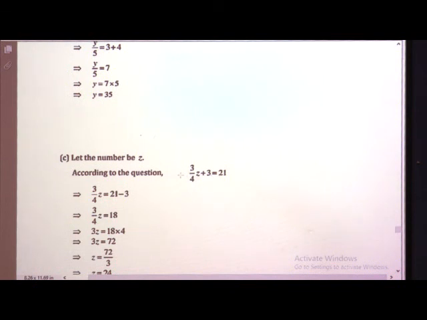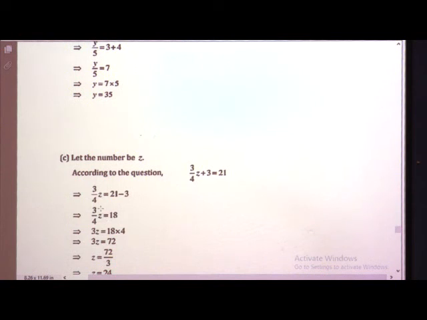Now, what do we have to do first? We have to separate the variable to the LHS, that is the left hand side. So 3 upon 4 z is equal to 21, this is plus 3, so it will be minus 3. So 3 upon 4 z is equal to 18, 21 minus 3 is 18. Here 3 upon 4 z means the 3 always belongs to the numerator.